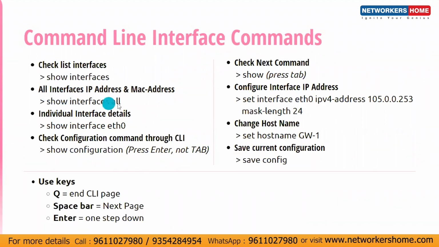So show interfaces all, right? And show interface E0 for an individual interface. So show configuration, and press tab to see what's next. If you want to configure an IP address, you can go with set interface E0, whichever interface you want to configure, ipv4-address, and the mask length. All these things can be configured through the CLI.